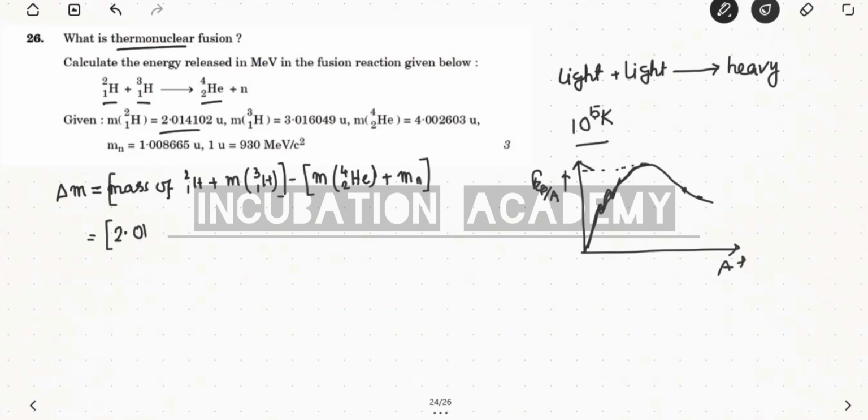I am telling you, you also do with me, that if there is any problem, you will not face it, at least the problem in calculation.